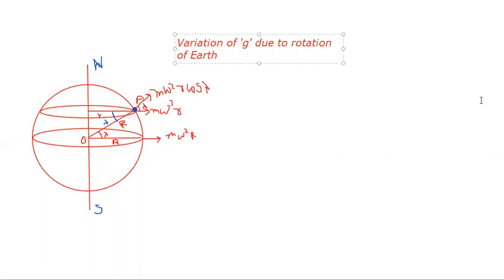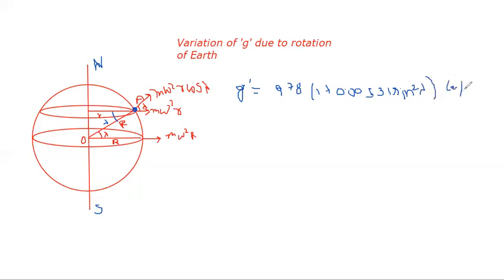And this equation is given as, let me write the equation, the value of g dashed due to the oblate spheroid shape of the Earth, g dashed is equal to 978 into 1 plus 0.00531 sine square lambda centimeter per second square.